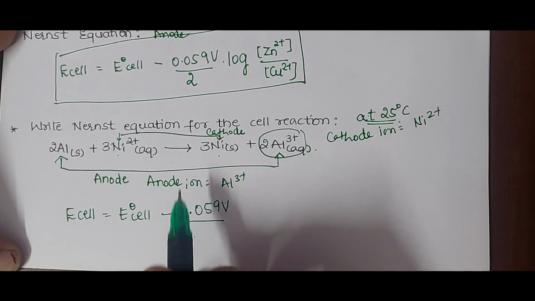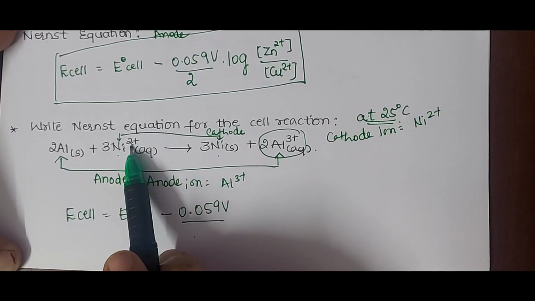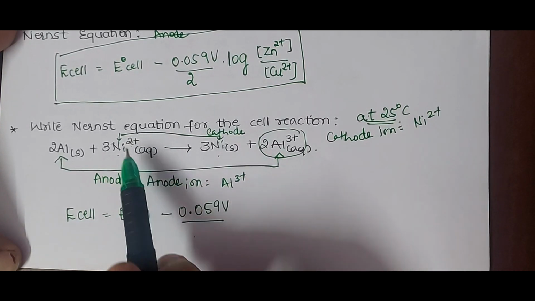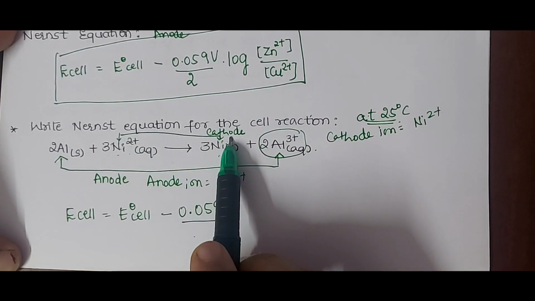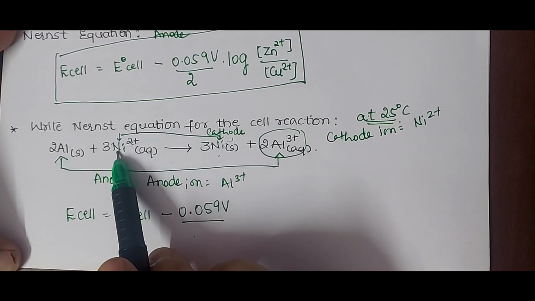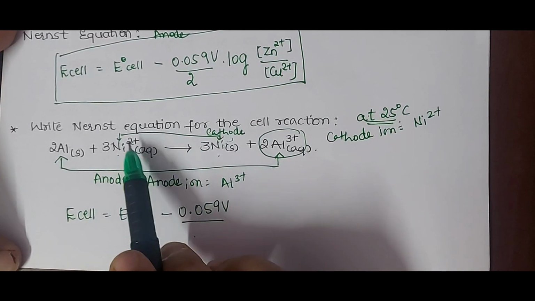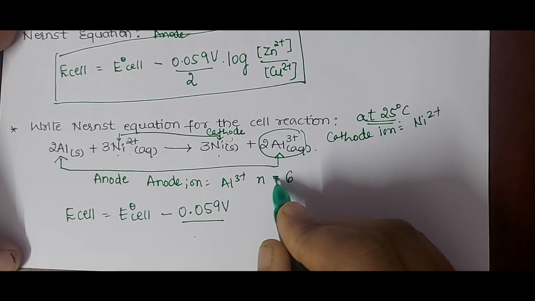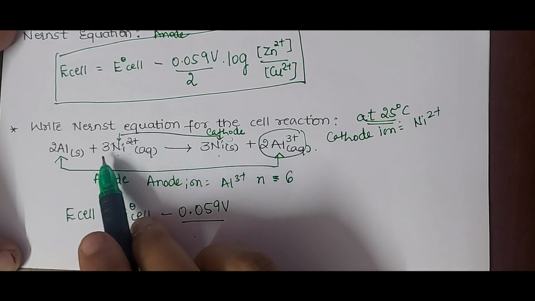The n value is easy to find out. If you look here, plus 2 oxidation state, one nickel ion is converting from +2 to 0 oxidation state, that means it is taking 2 electrons. One is taking 2, so 3 twos, they are taking totally how many electrons? 6. So 6 electrons are gained by nickel, 3 moles of nickel.